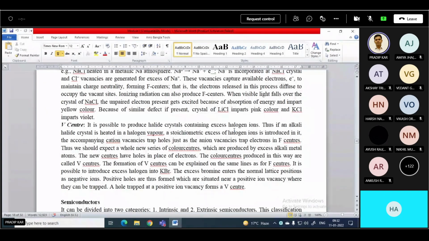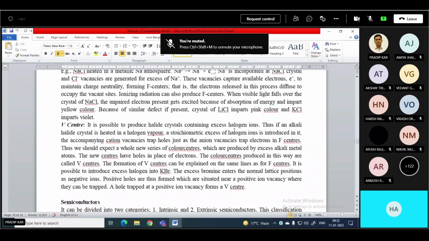Excess halogen is introduced in its structure, and cation vacancy traps holes, just as the anion vacancy traps electrons in F center. Cation vacancy is created, which is present as a hole, positive charge.